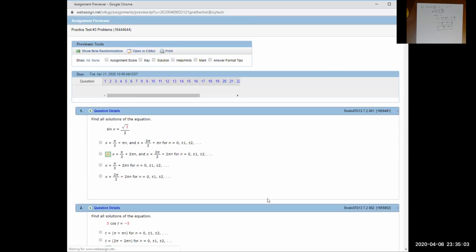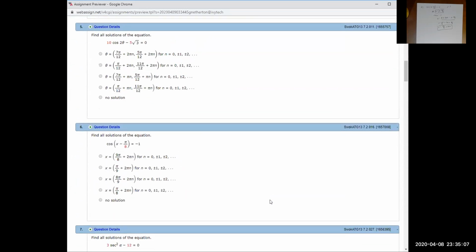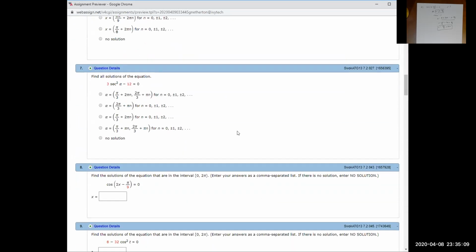So number 7, three secant squared alpha minus 12 equals 0.